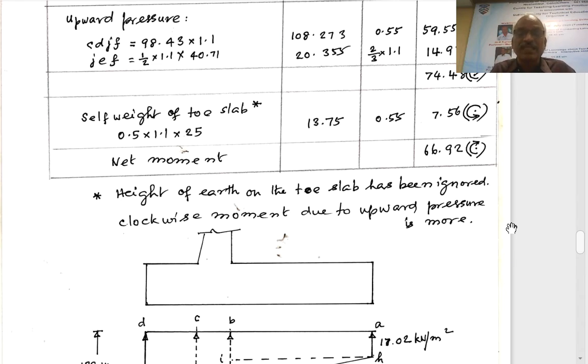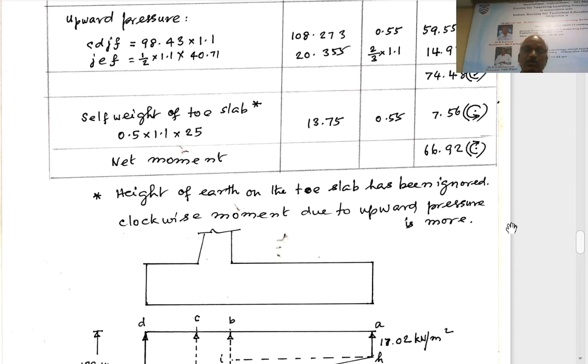Right. Next is that of the self weight of the toe slab. The toe slab is 0.5 meter thick and 1.1 meter length. So 0.5 into 1.1 is the cross sectional area, into 1 meter length, into 25 kilonewton per meter cube. So that gives 13.75, into 0.55 and calculations.